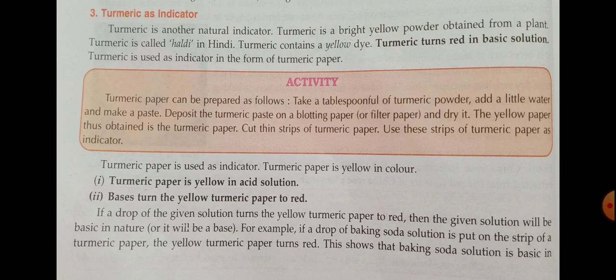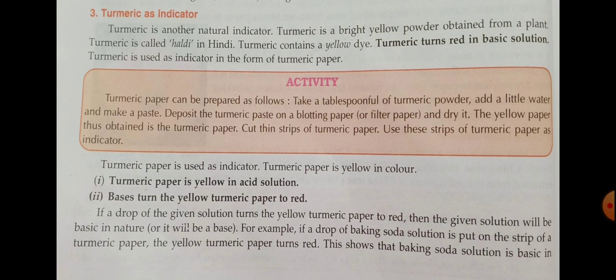If a drop of the given solution turns yellow turmeric paper to red color, then the given solution is basic in nature. For example, if a drop of baking soda solution is put on the strip of turmeric paper, the yellow turmeric paper turns red. This shows baking soda is basic in nature.